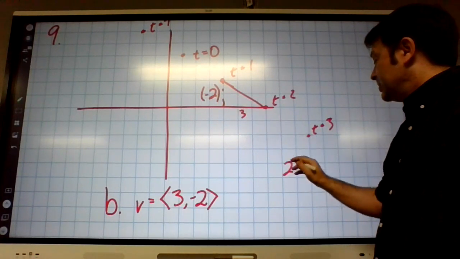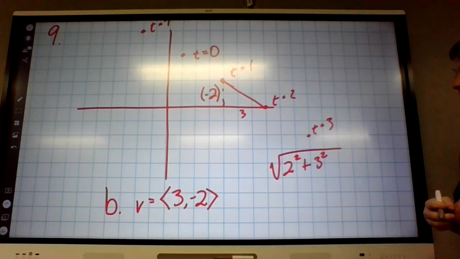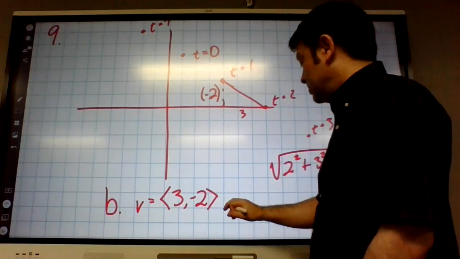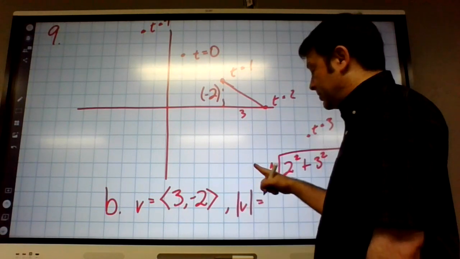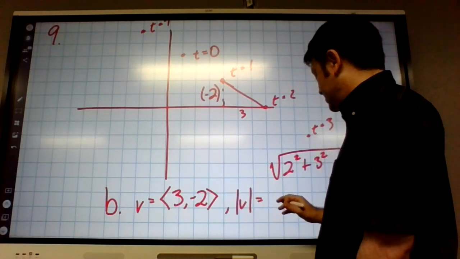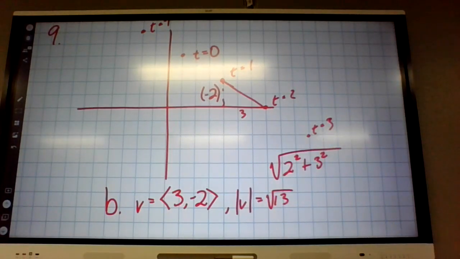So you do 2 squared plus 3 squared and the square root of that. Square root of 13. So let's put the magnitude symbols around the velocity. That's how far it's moving in 1 unit of t time.